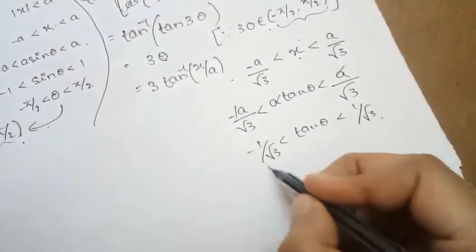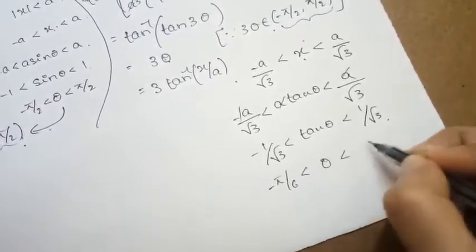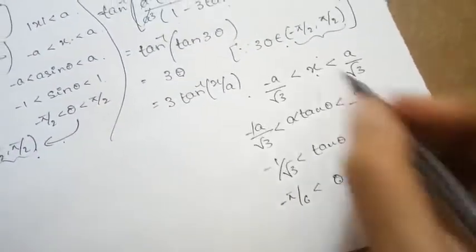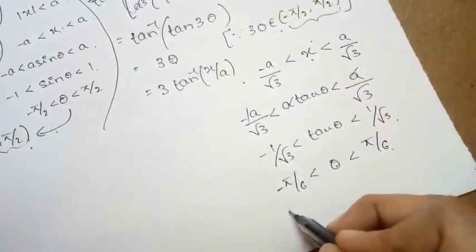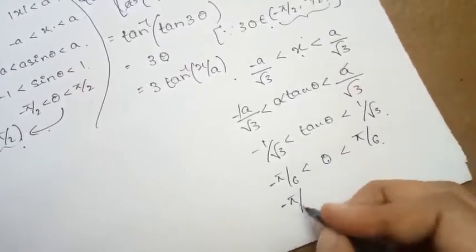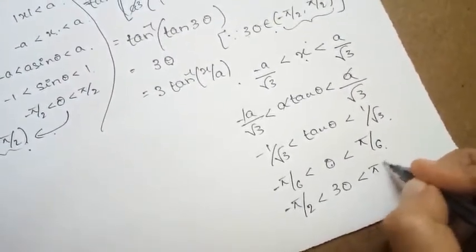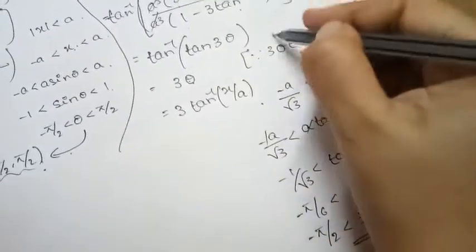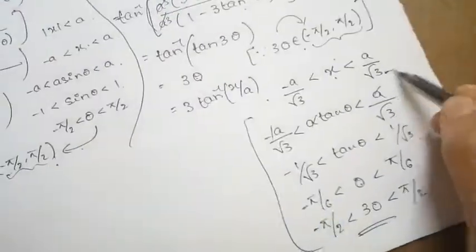So tan inverse of minus 1 by root 3 is minus pi by 6, so minus pi by 6 less than theta less than pi by 6. But we are not interested in theta, we are interested in 3 theta. So if I multiply 3 to the whole inequality, it is minus pi by 2 to plus pi by 2 for 3 theta. So clearly our 3 theta is within the principal value branch. So we have verified that part also.